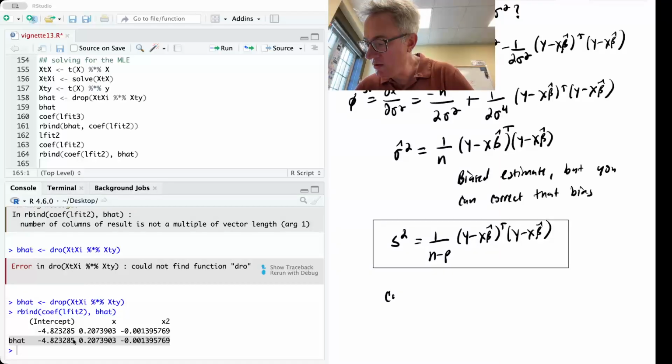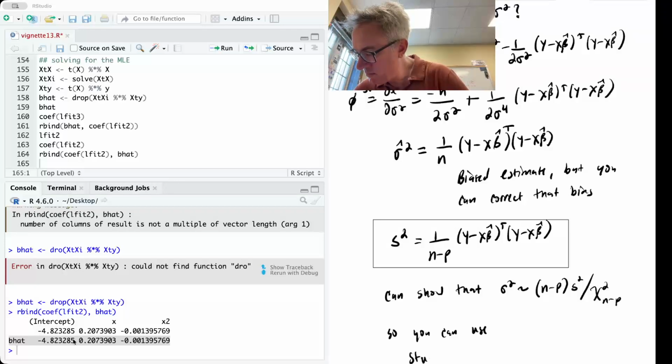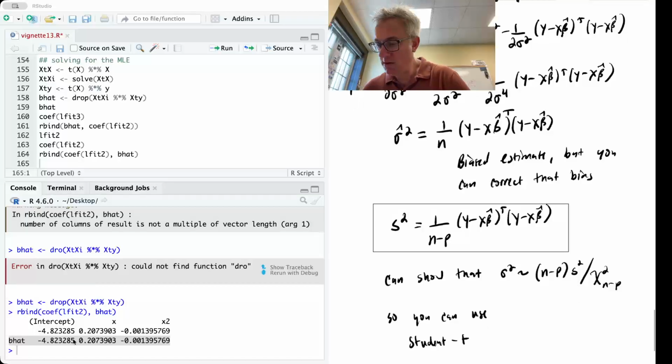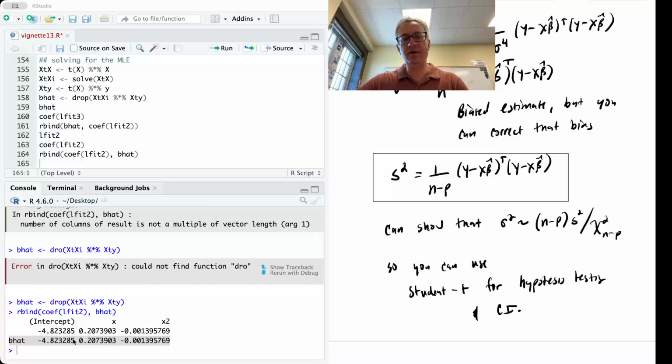And you can show that sigma squared, the unknown parameter, has a distribution that is a scaled inverse chi-squared. So you can use student t for hypothesis testing and confidence intervals, which are calculated in the usual way.